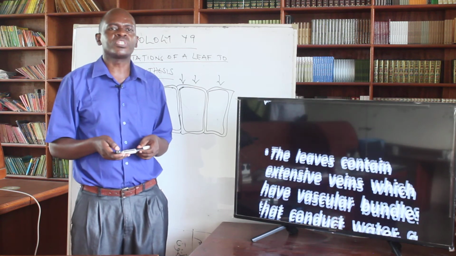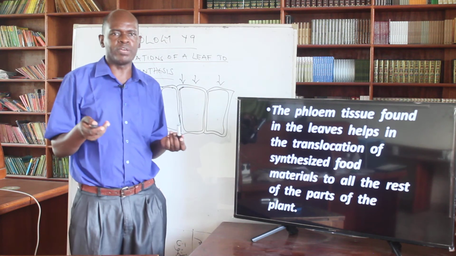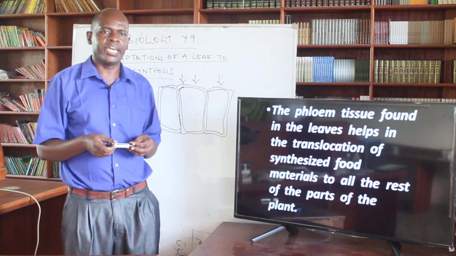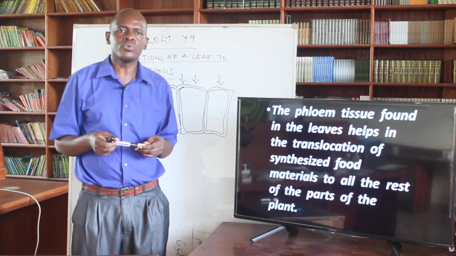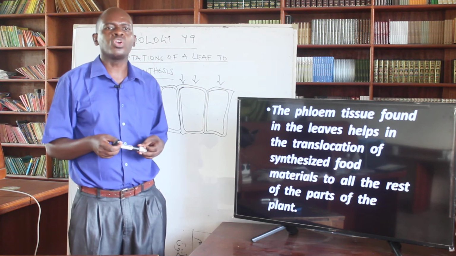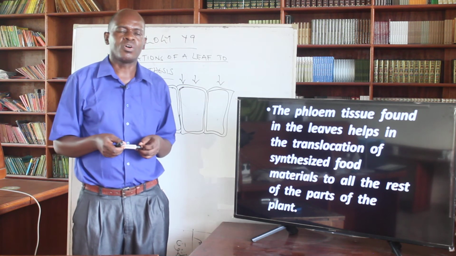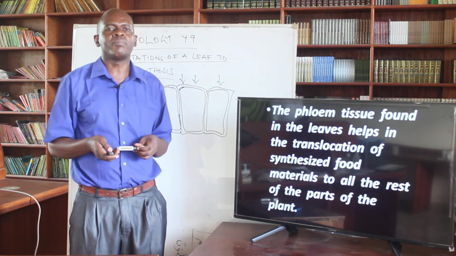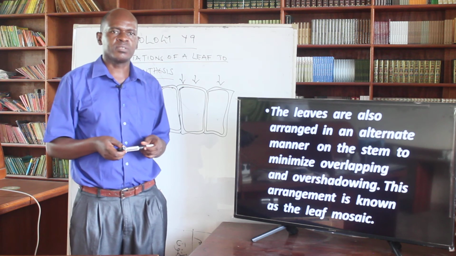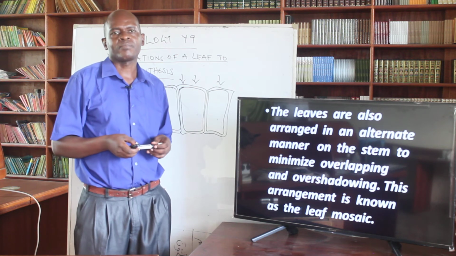So the veins have got the two. For example, the phloem tissue found in the leaves helps in the translocation of synthesized food materials to all the rest of the parts of the plant. That means the transportation of the manufactured food to the rest of the parts of the plant.